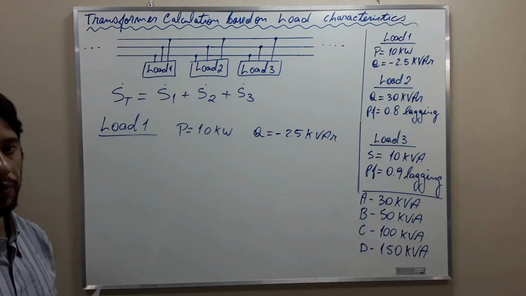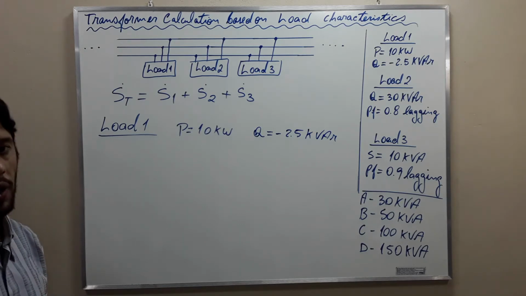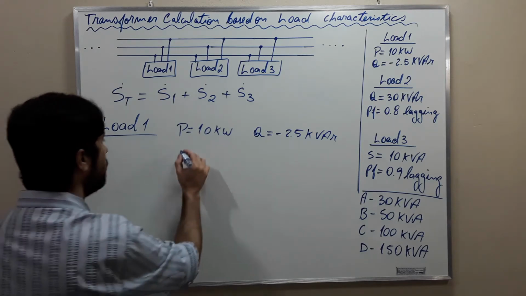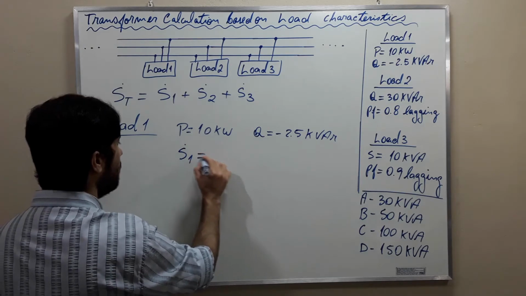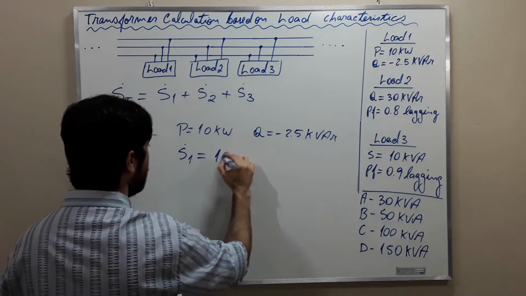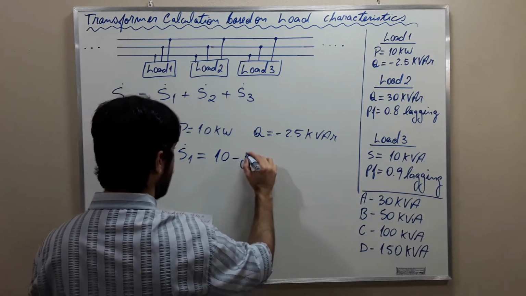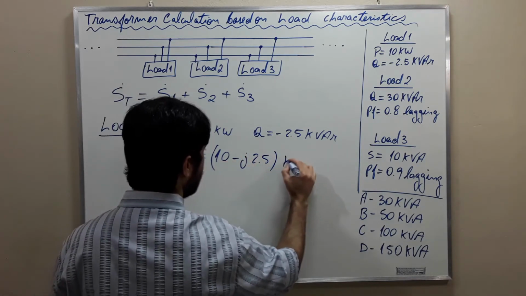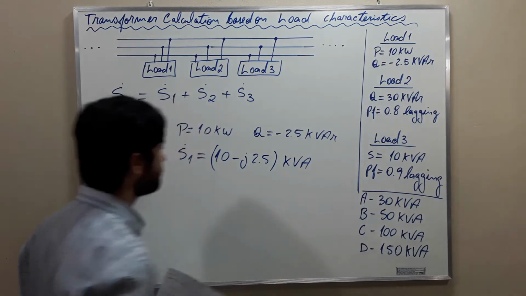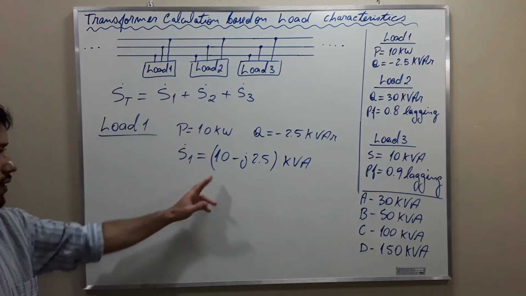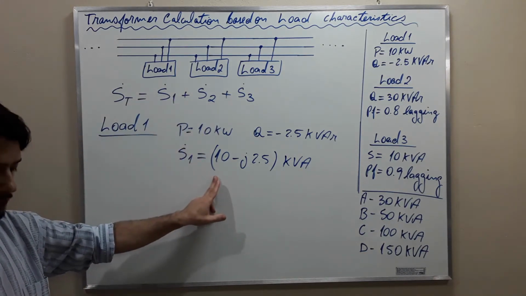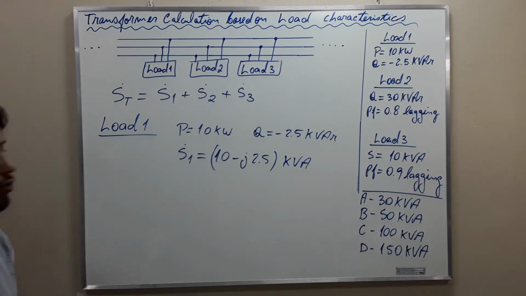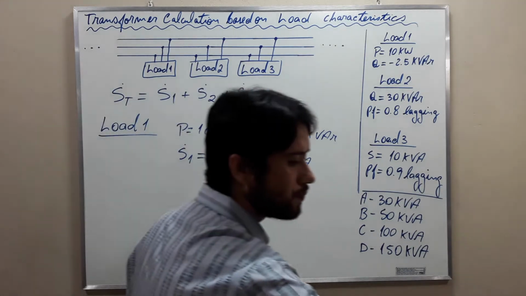Then the complex power of load 1 is going to be S1 equal to 10 minus j2.5 kVA. Okay? This is the first result. Now we are going to move on to load number 2.